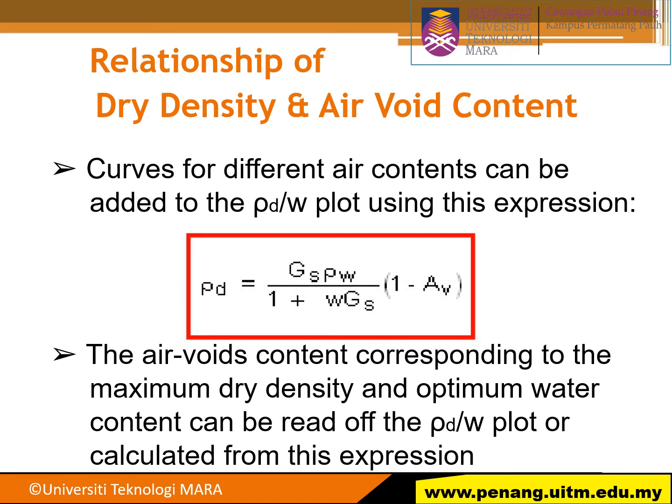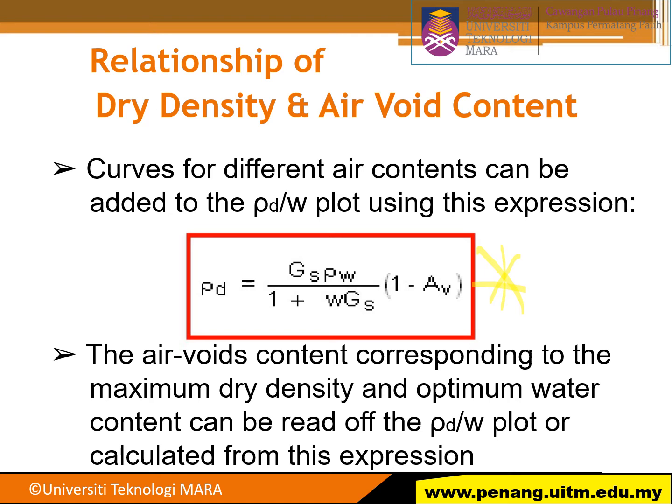Alright, now we look at the relationship of dry density and air void content. Curves for different air content can be added to the rho d over w plot, using this expression. So you have to remember this equation. Rho dry is equal to Gs times rho water over 1 plus w times Gs, times 1 minus Av.